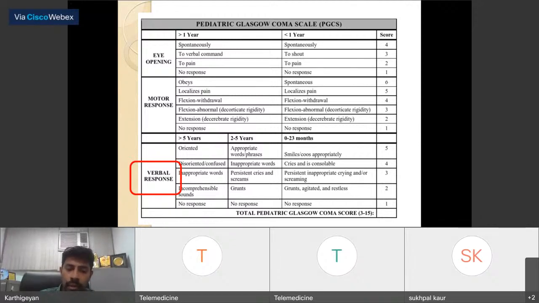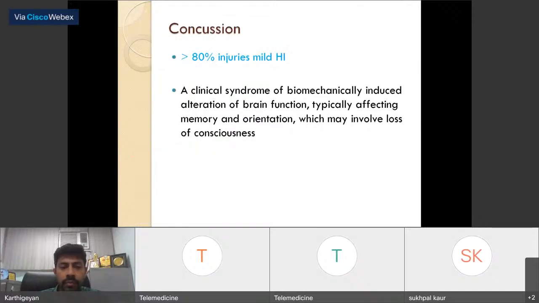And when there's no response, it's 1. This pediatric GCS is mainly applicable for children who are less than 5 years, and even in less than 5 years, there is a difference in assessment between children who are less than 2 years and those between 2 to 5 years of age.